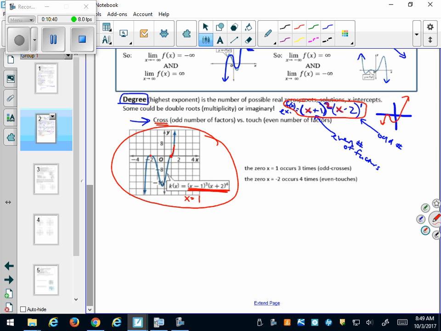It's going to go through at 1. Here we have x equals negative 2 as one of the zeros. And it has an even number of factors, right? Because it's to the fourth power. So it's just going to bounce off of it. So it's really a bounce versus a cross through, okay?